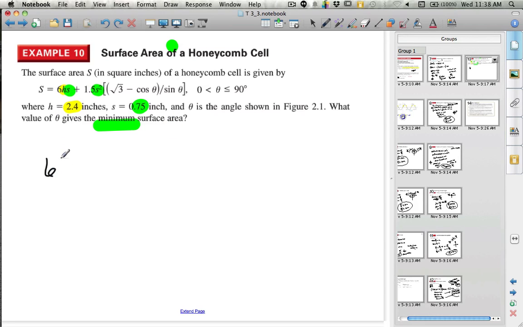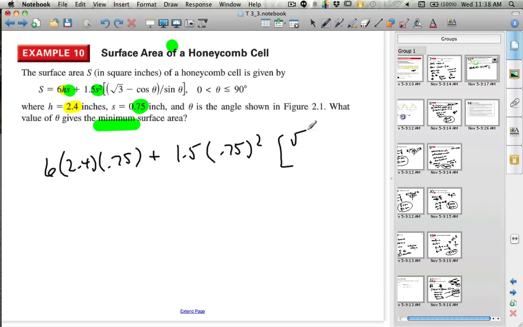Okay, so I'm going to have 6 times 2.4 times 0.75 plus 1.5 times 0.75 squared times radical 3 minus cosine of theta over sine of theta.